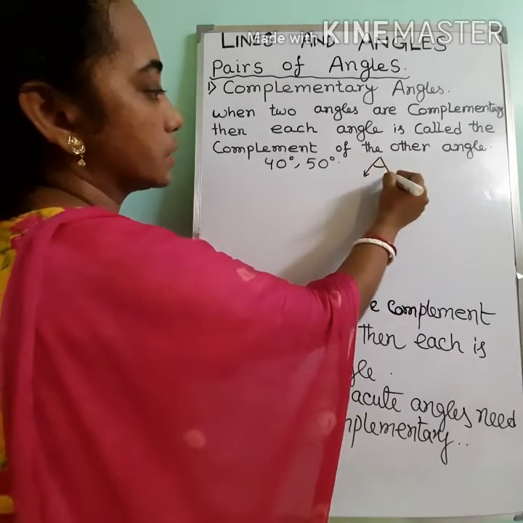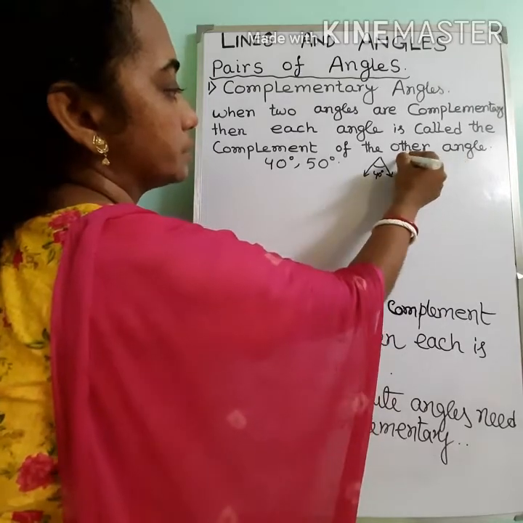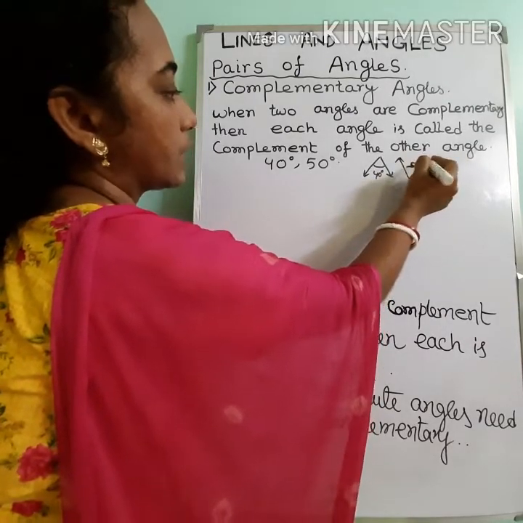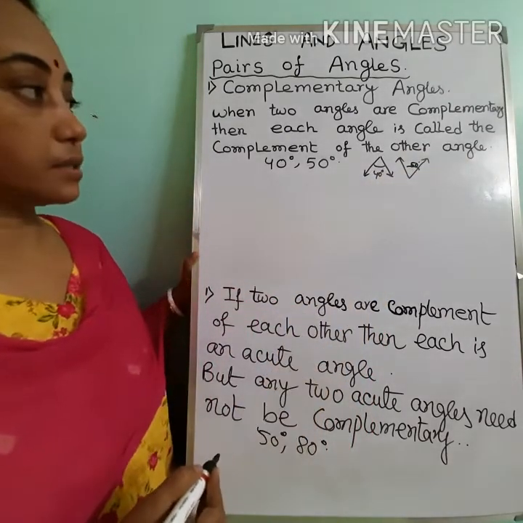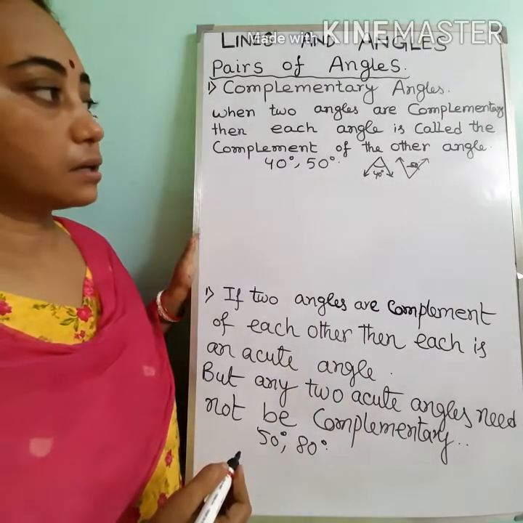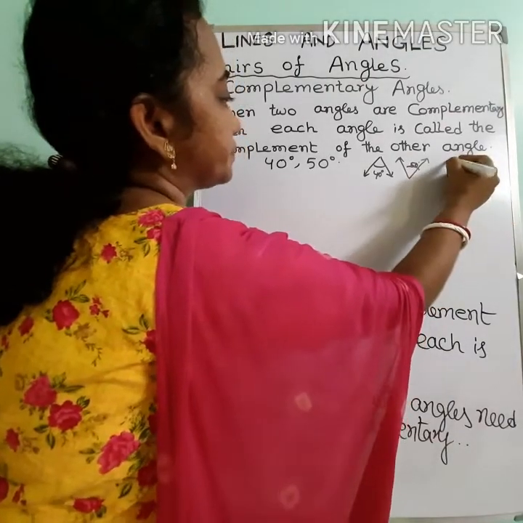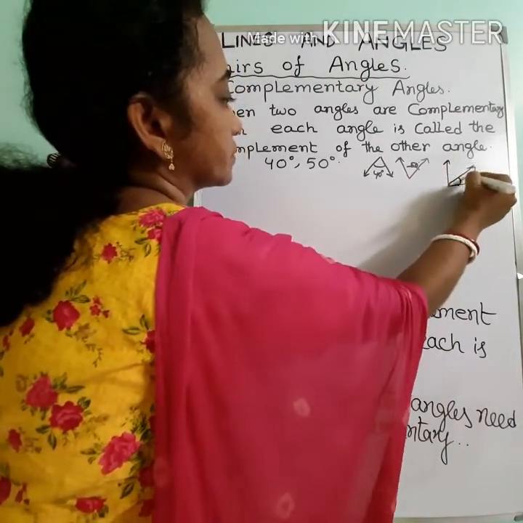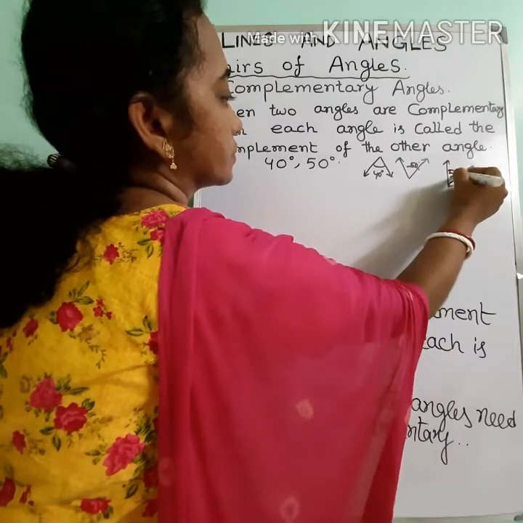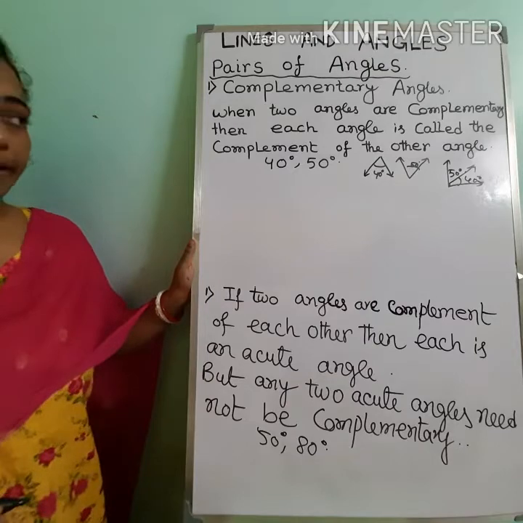Suppose this is 40 degree and suppose this is 50 degree. Then as the sum of these angles is 90 degree, these two angles are complementary angles. This can also be shown in this way.